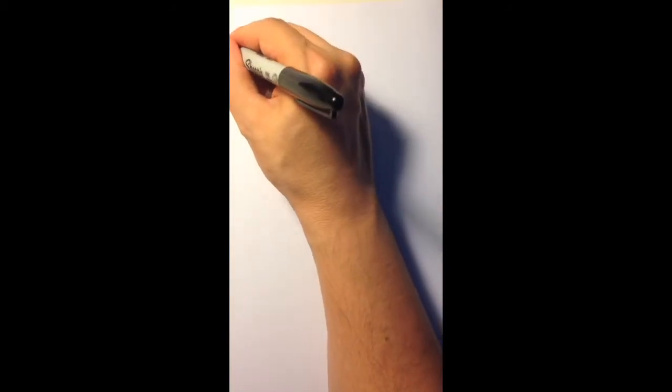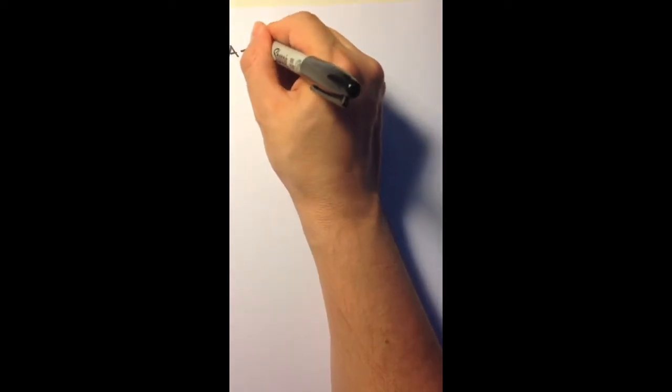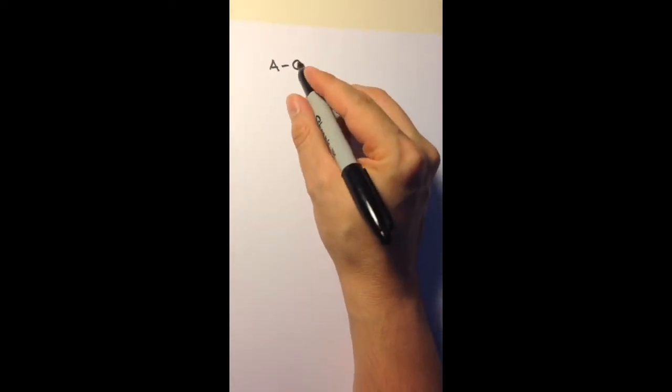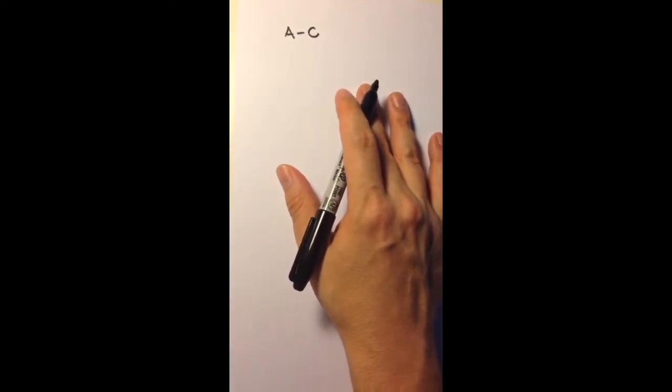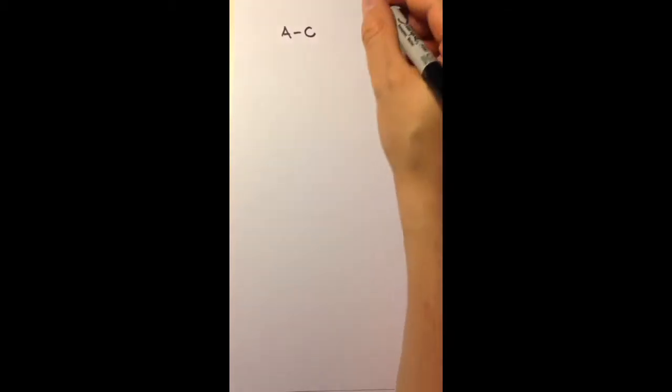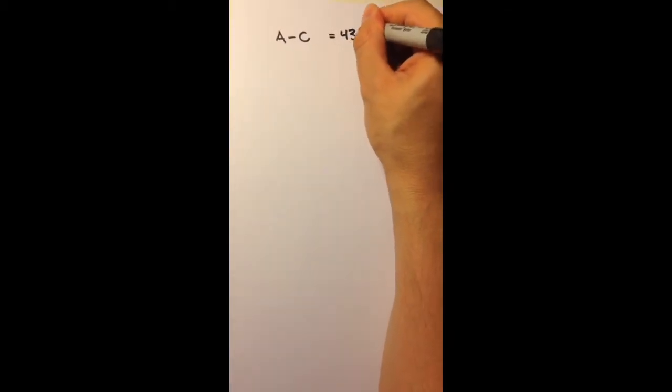So let's get to the question of, let's say on a test you're given this question. Let's say that the percent crossover between these two linked genes, A and C, is 43%.